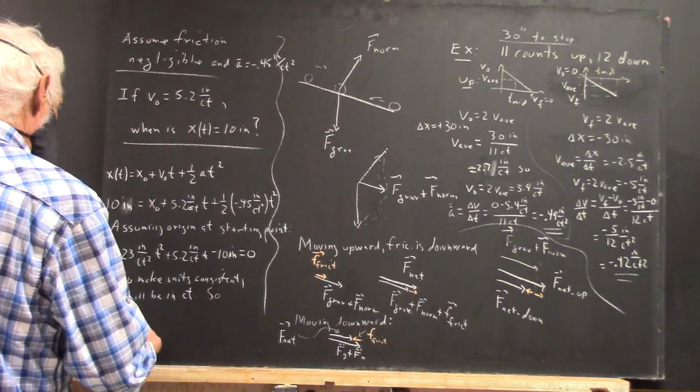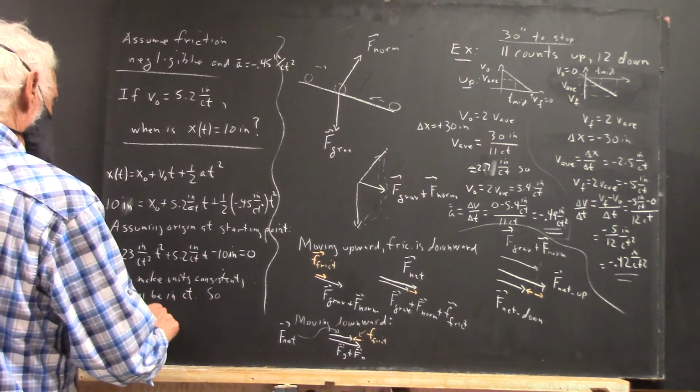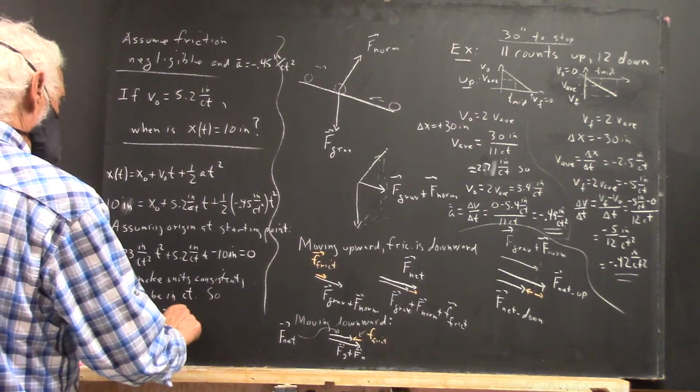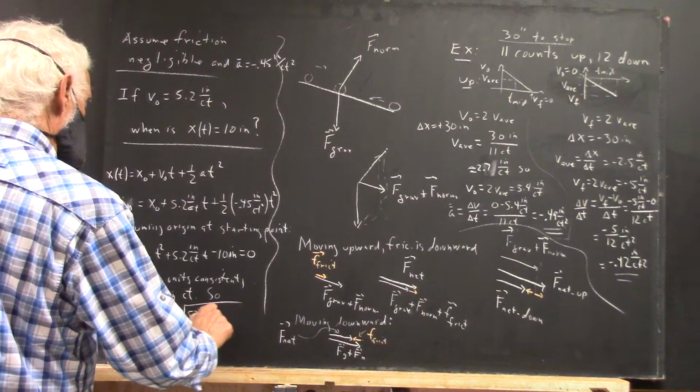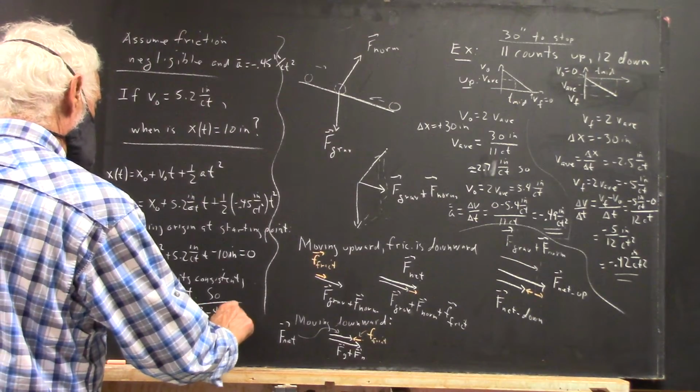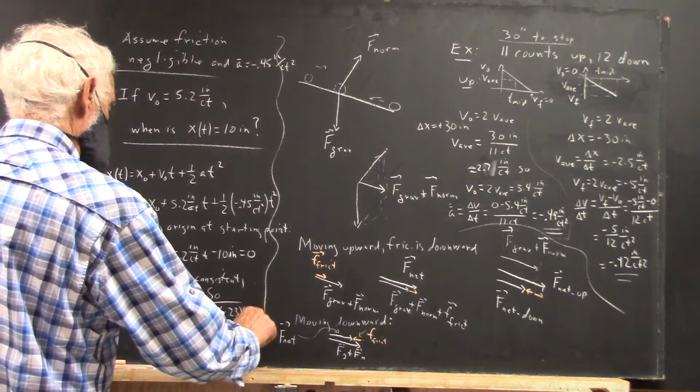So t equals negative 5.2 plus or minus the square root of 5.2 squared minus 4 times negative 0.23 times negative 10.